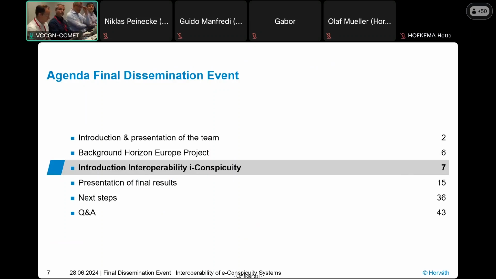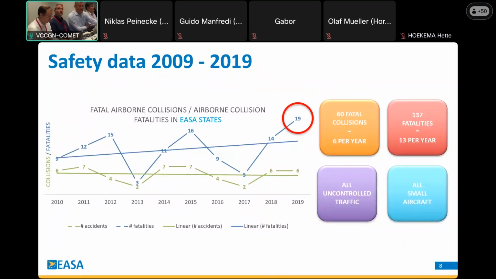I would like to remind ourselves what's the main reason why we are here in this room today. There has been some time since we analyzed the collision problem in Europe. Back in 2018, we undertook an analysis of why collisions are happening in Europe.